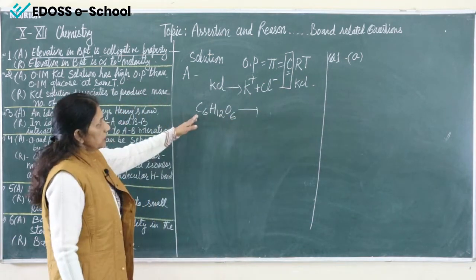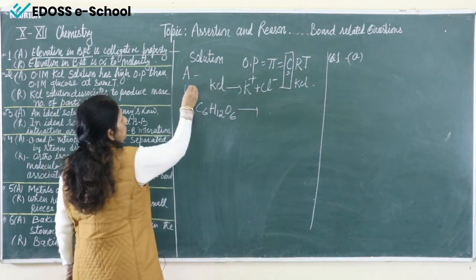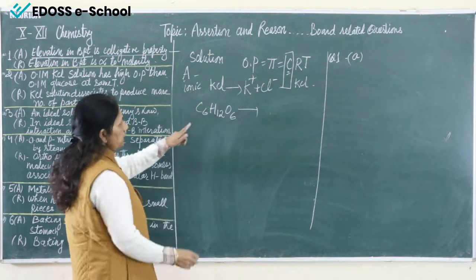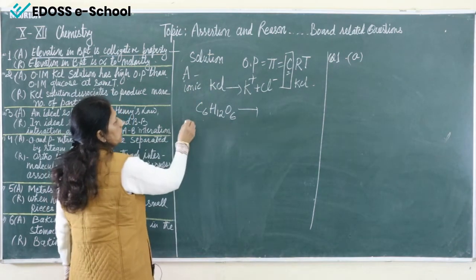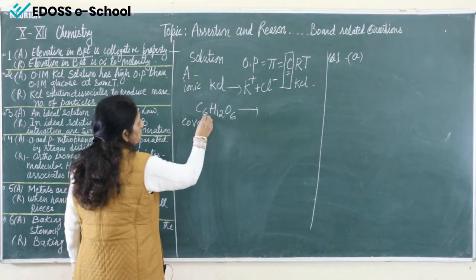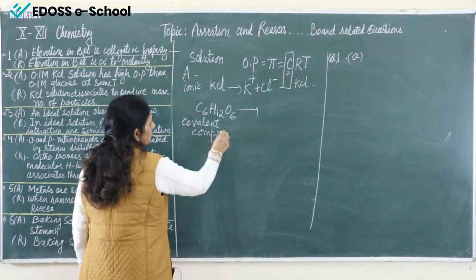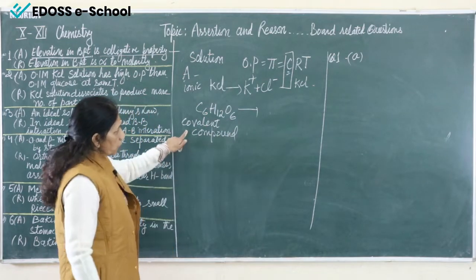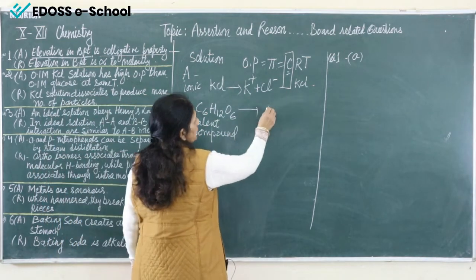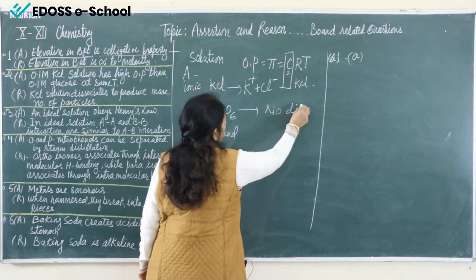Now we know that KCl is an ionic compound and glucose is a covalent compound. And a covalent compound does not dissociate, so there is no dissociation.